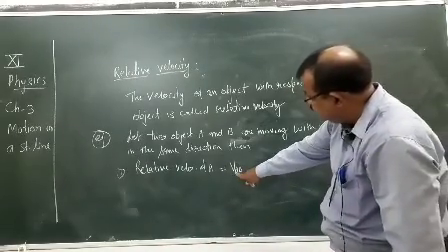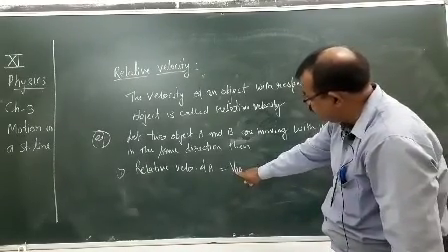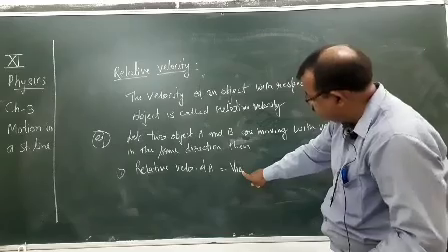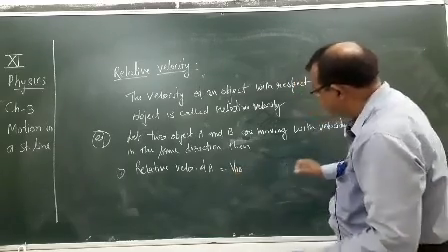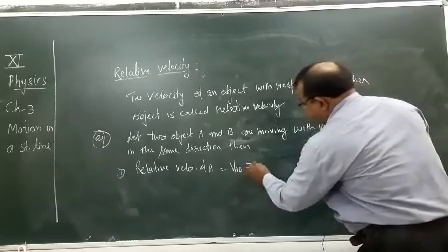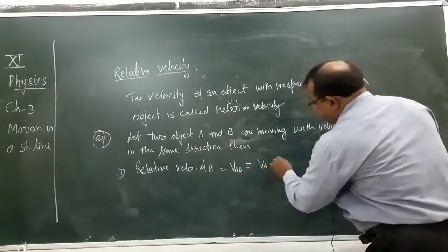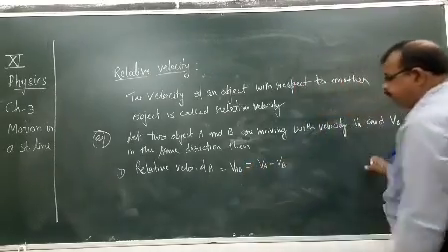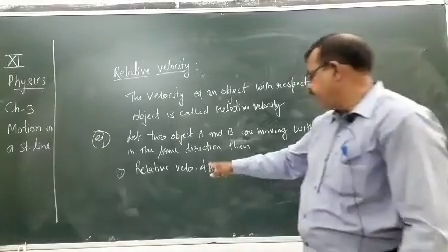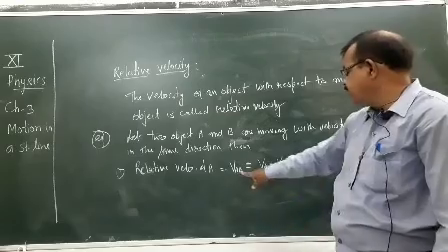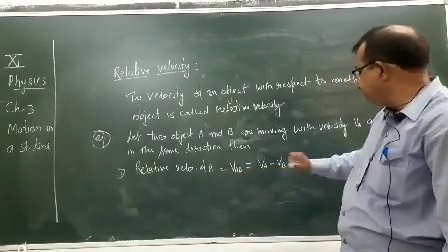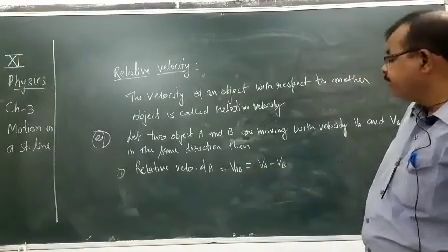Yes, VAB, the relative velocity of object A with respect to B. Here only two objects are there. So, the relative velocity of A with respect to B is equal to VA minus VB. Note down this.